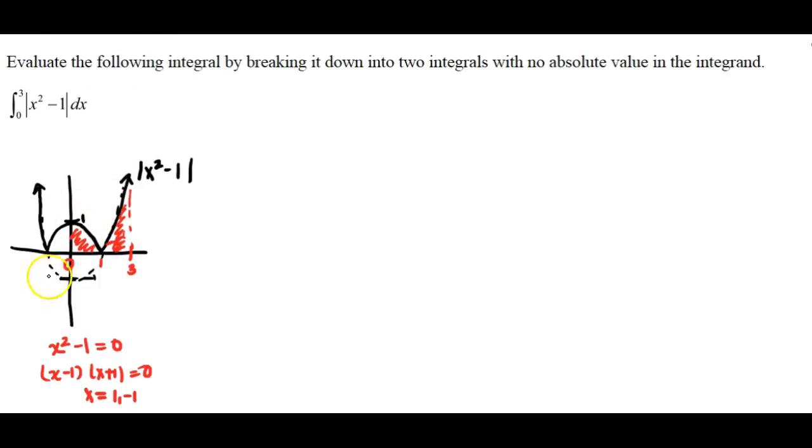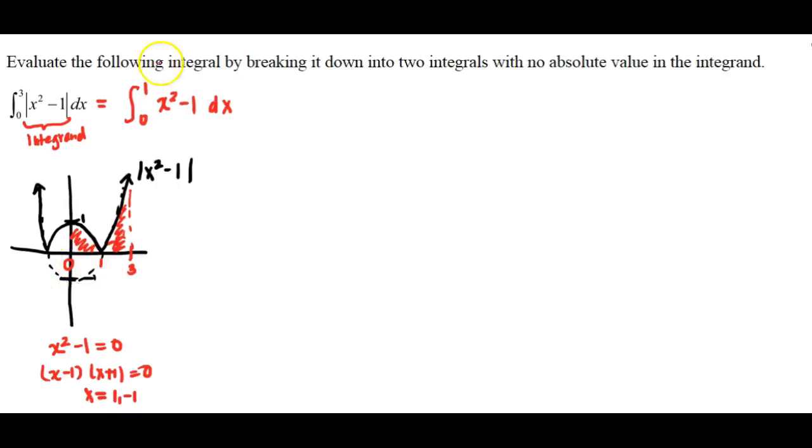So the two integrals that I'm breaking this thing up into is going to be, well, the integral from 0 to 1 of, and I want two integrals with no absolute value in the integrand. So this part right here is the integrand. Important to know terminology. So I don't want absolute value here. So I want just x squared minus 1 dx.